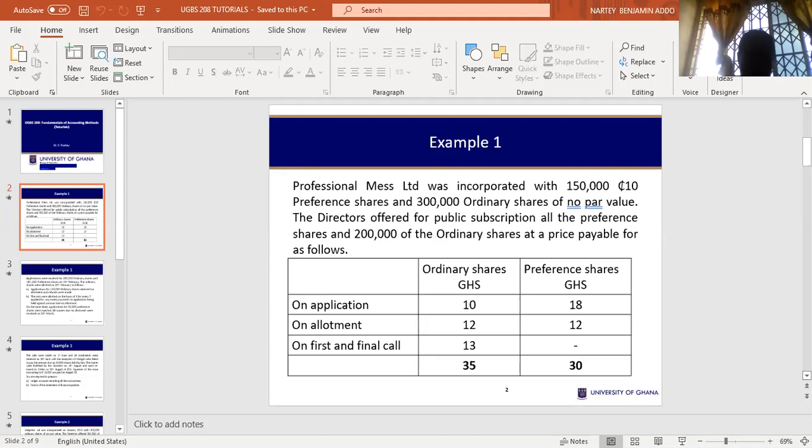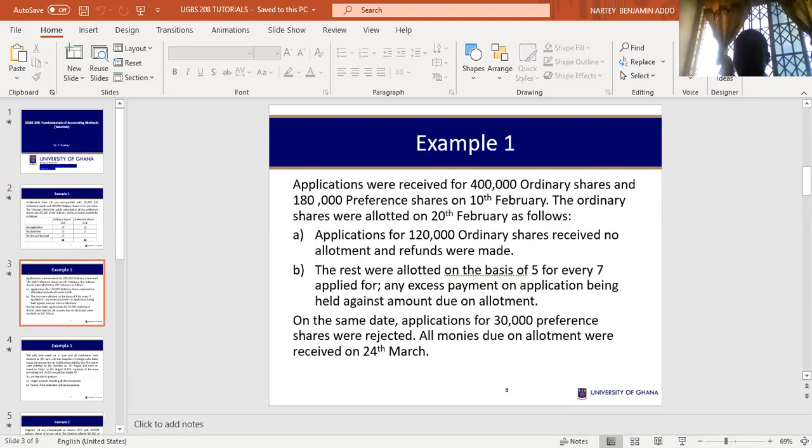That is, you pay 12 cedis for ordinary shares and 12 cedis for preference shares. And then on the first and final call, we pay 13 cedis for the ordinary shares. You don't pay anything for the preference shares, which suggests that the preference shares you have to pay in two installments, that is on application and allotment. So you can see that the price per share is 35 cedis for ordinary shares and 30 cedis for the preference shares.